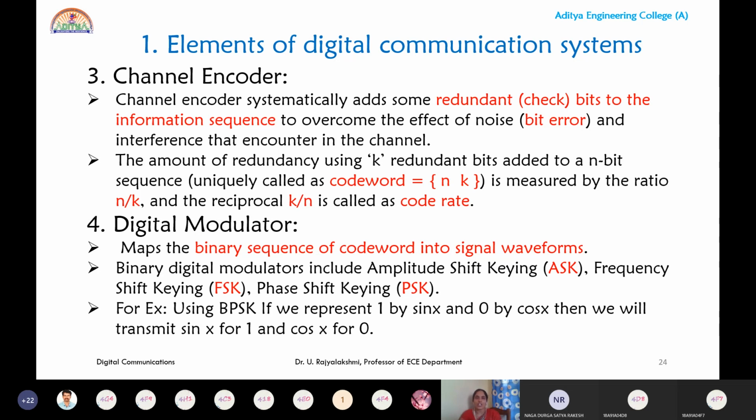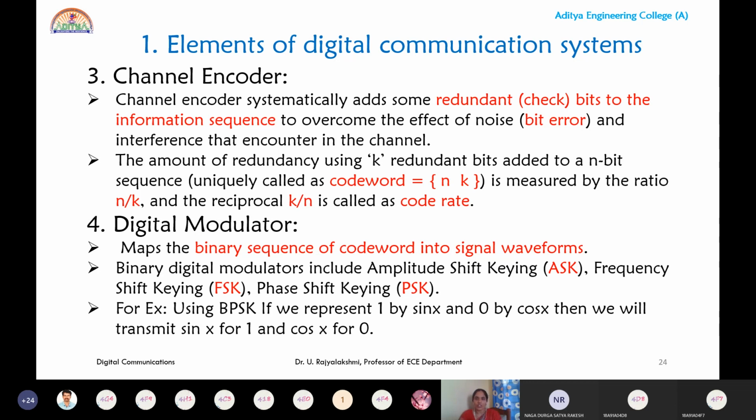Now the output of the channel encoder is a sequence of code words consisting of a set of N and K elements. That is applied to the digital modulator, which converts the sequence of code words into signal waveforms.